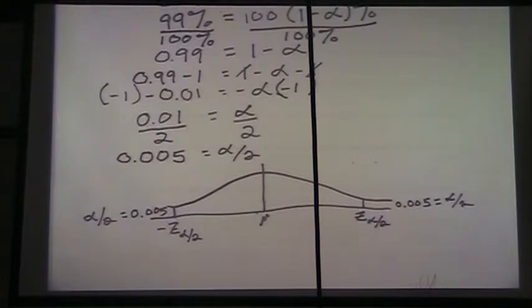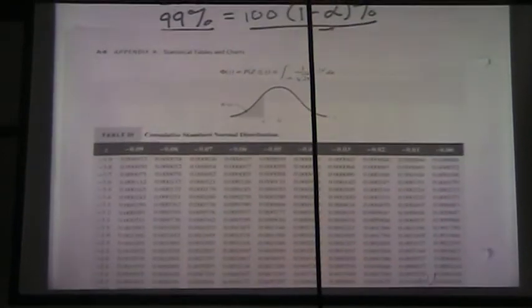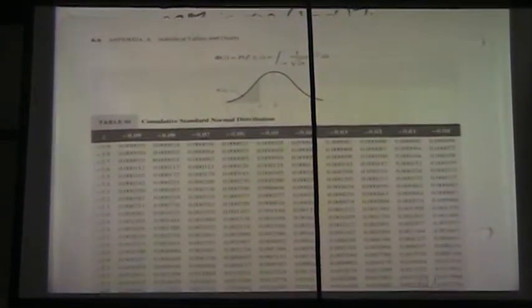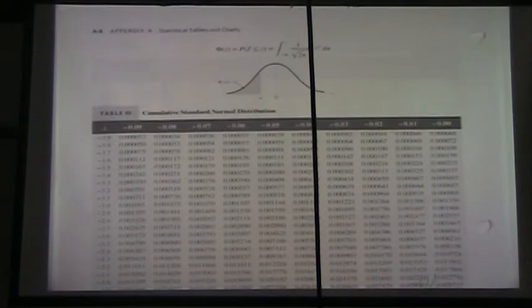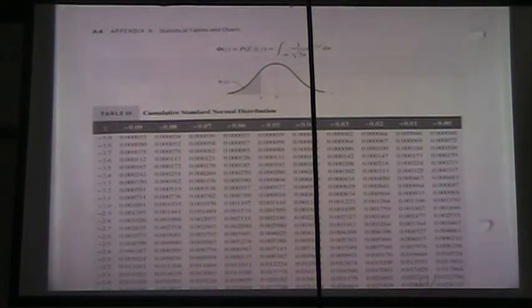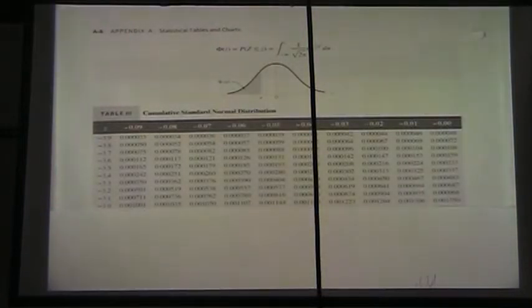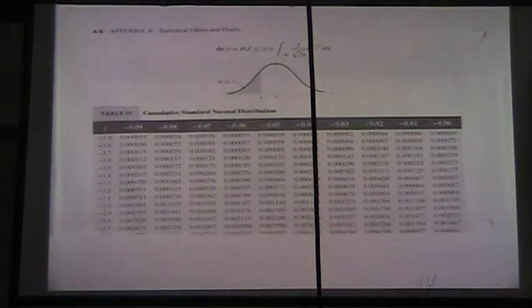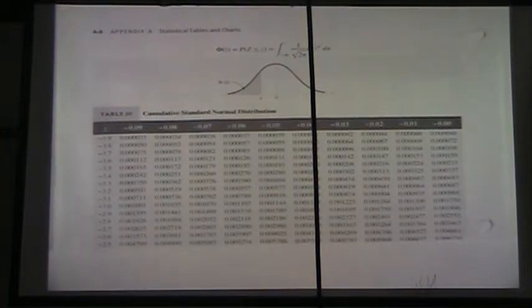All right, so I take my z table, right? You can see I've got my z table here. Now I'm going to look and I'm going to say 0.001. No, that's not what we want. We want 0.005. And it looks like this is the line for it, right? We got some 0.005s here.